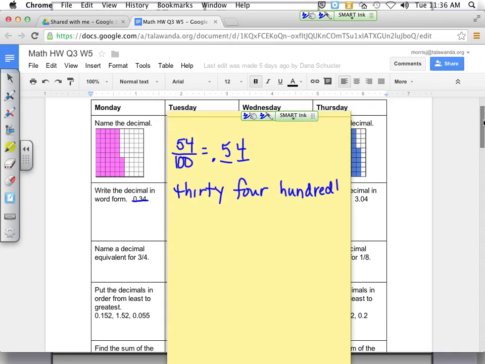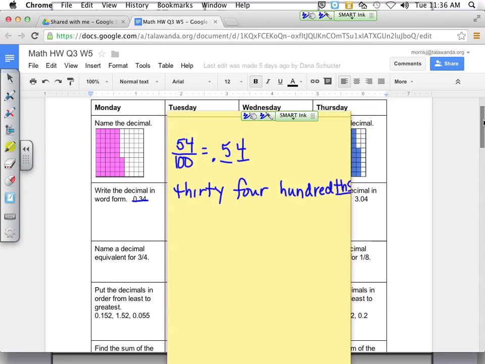Please make sure that if you're writing hundredths that you have that THS at the end, not DS, because if I say 54 hundreds, that's like 5,400, and this is like 54 cents, and neither of them are the same. 5,400 is like $5,400. This is 54 cents. Okay?